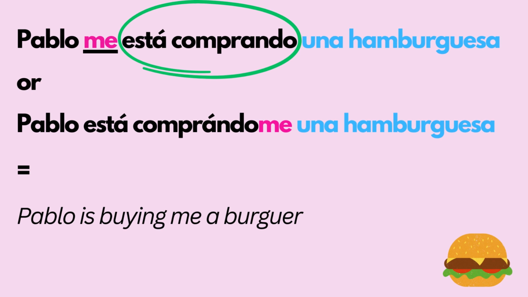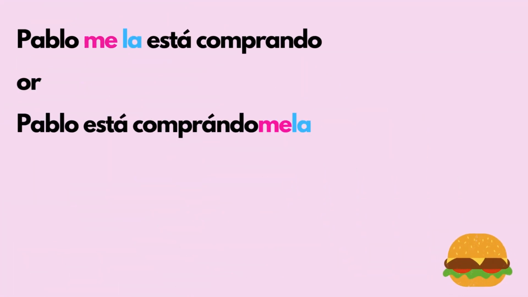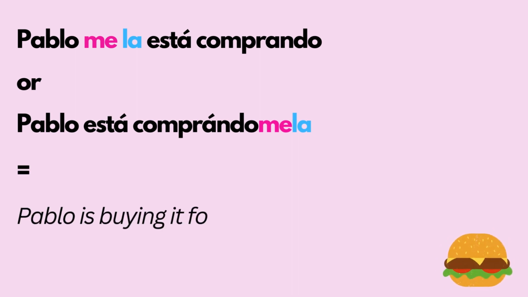The indirect object pronoun attached to the second verb, comprar, which is in its progressive form, comprando. But by attaching the pronoun at the end, we need to remember that the stress changes, and here we can see a stress mark on top of the vowel a. Now, let's make both versions of the sentence shorter. Pablo me la está comprando. Or, Pablo está comprándomela. Pablo is buying it for me.